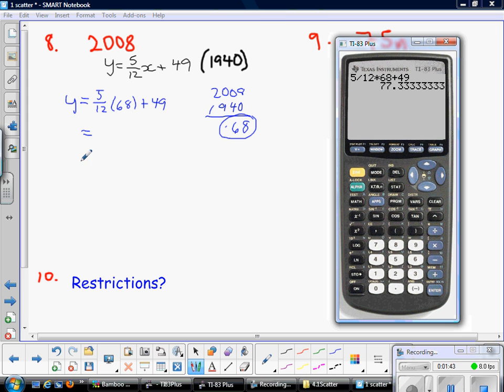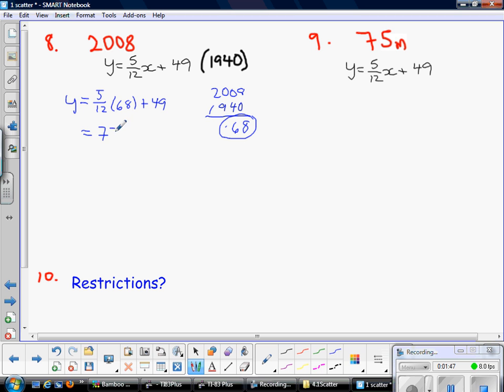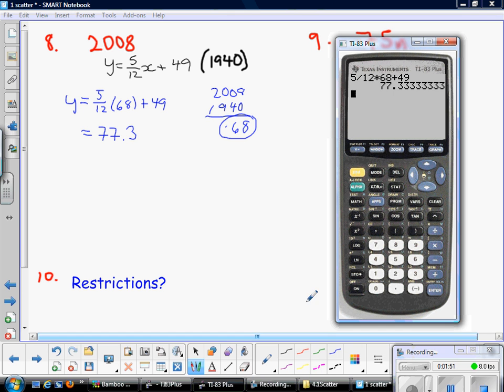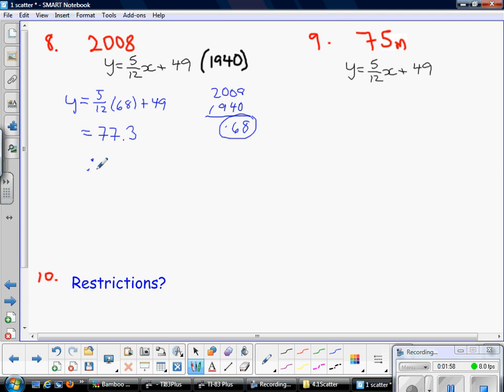And we end up with 77.3. So according to our calculation, that is how far a person in 2008 should be able to throw. And actually, you could look that data up to see how close they were to our model.